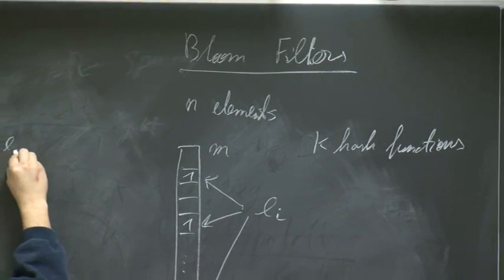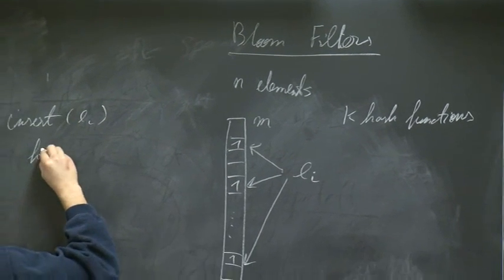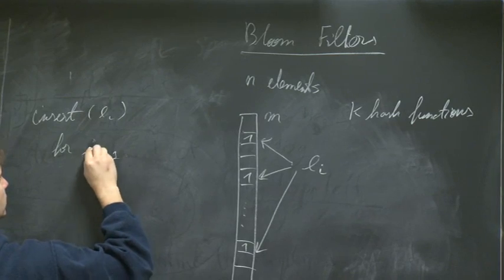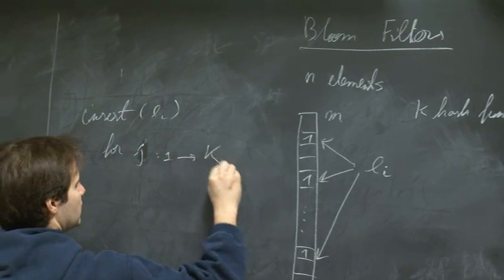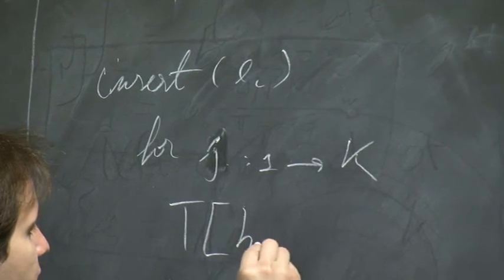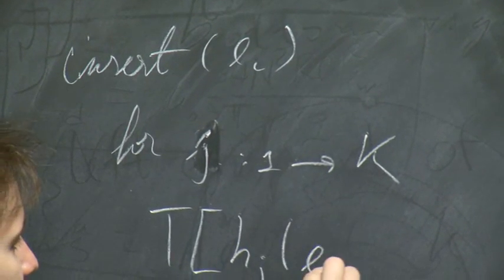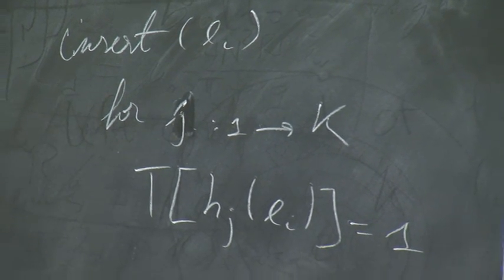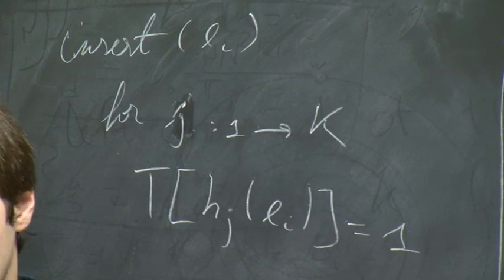So for j in 1 through k, the table bit corresponding to hash function j of the element is set to 1. Each element sets k bits to 1.